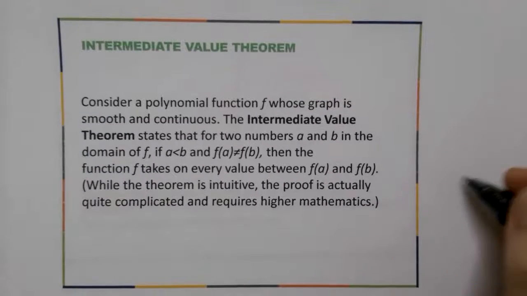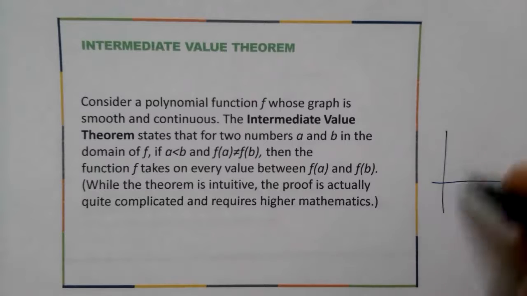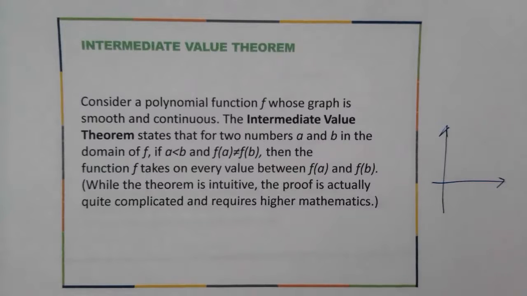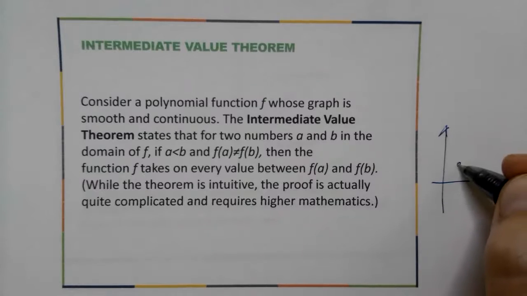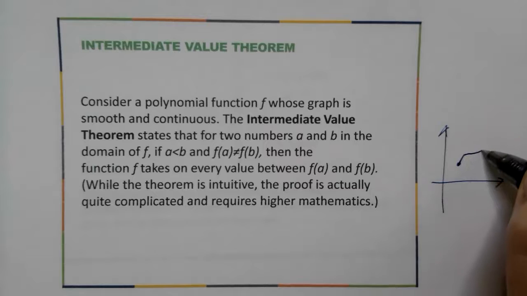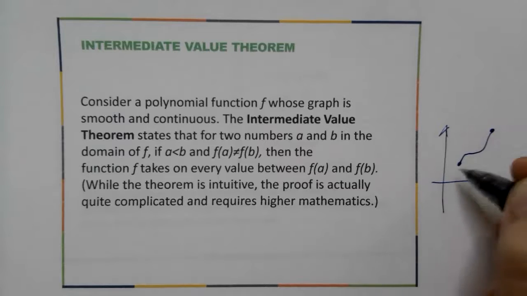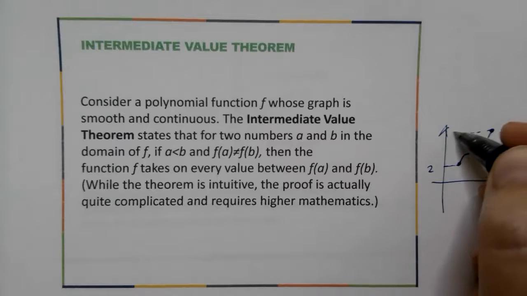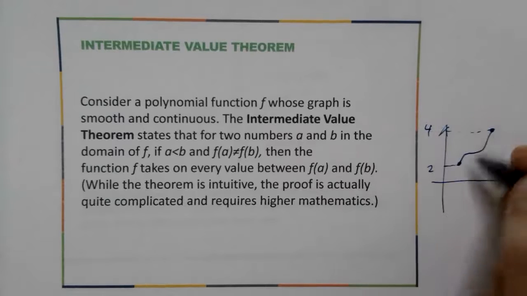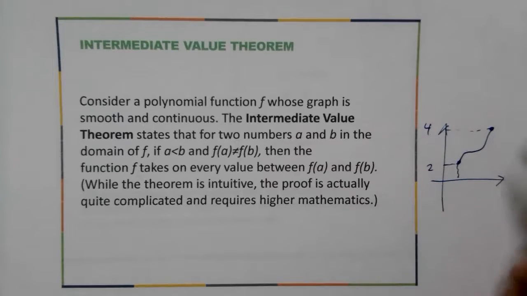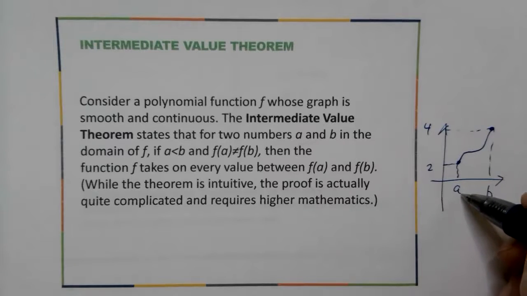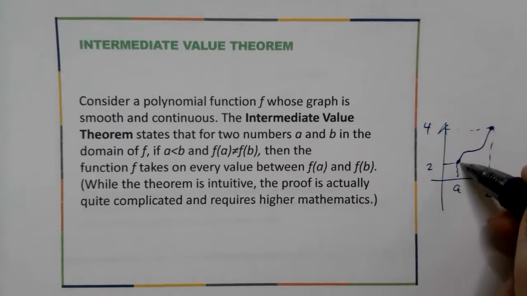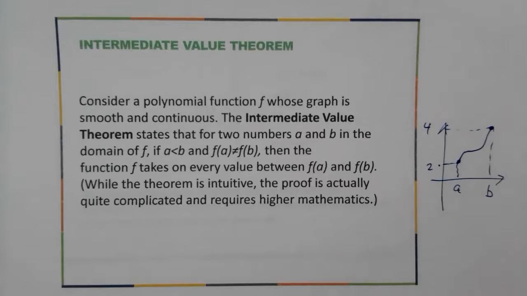So, for example, here's our graph, x and y axes, and let's say we have a line that goes up like this, and let's say that this value is 2 and this value is 4, and we know that. So this is going to be a on x and b on x. So we know that when x is a, the y value is 2.